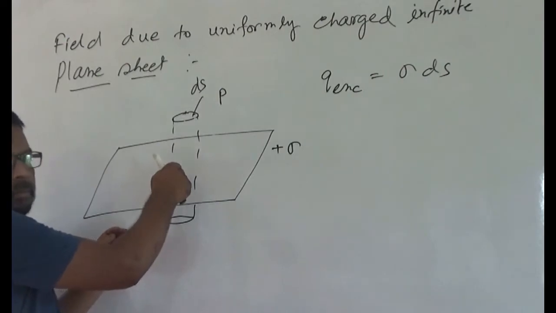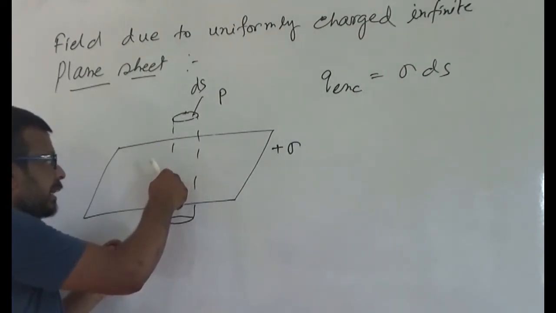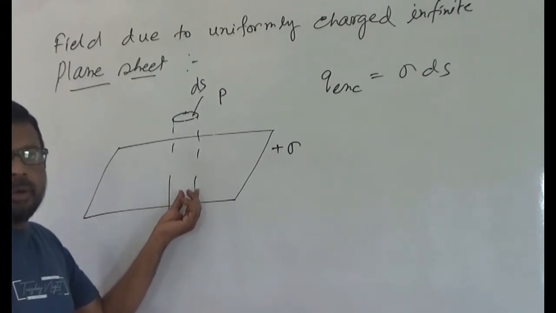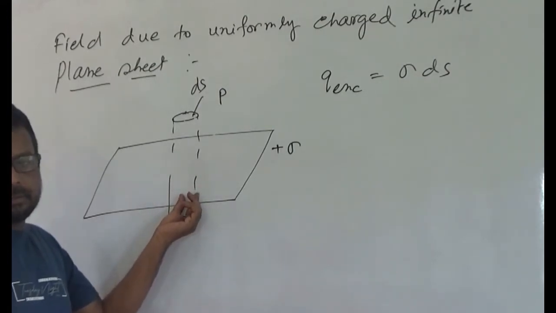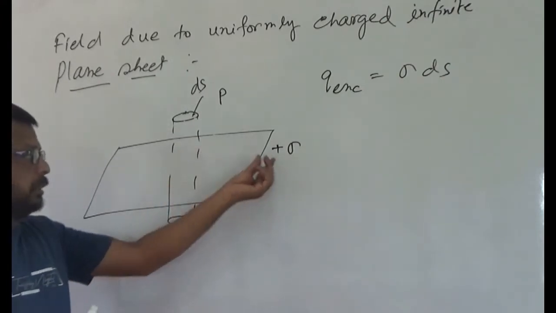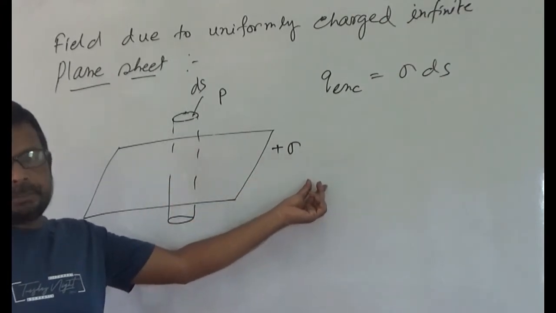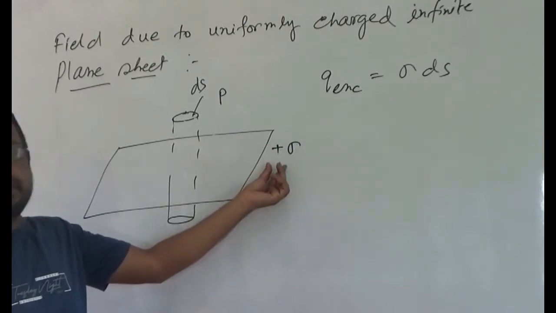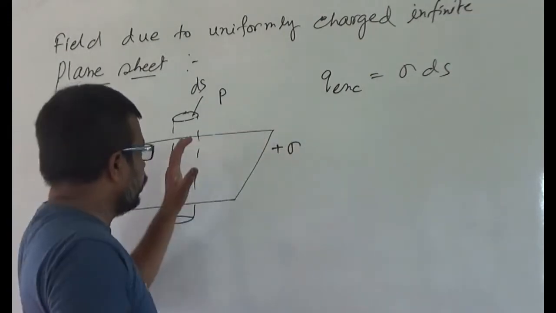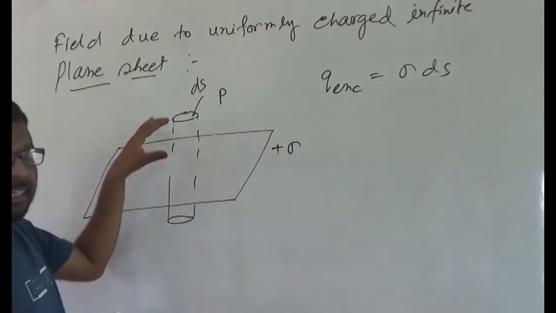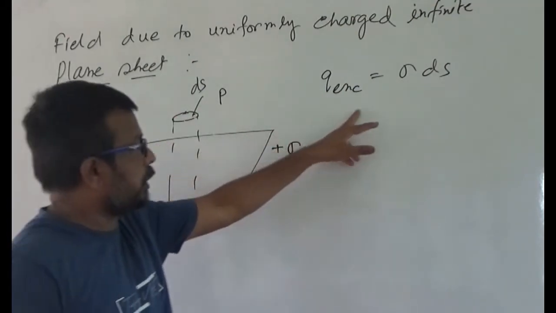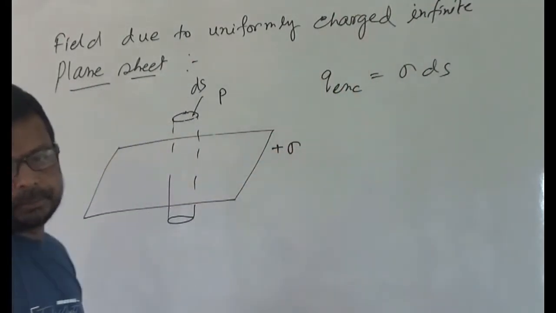Then the surface area inside the cylindrical closed surface containing charge is ds, and sigma is the charge per unit surface. Therefore the charge in ds surface area is sigma into ds, which is the charge inside this Gaussian surface. Q enclosed is equal to sigma into ds.